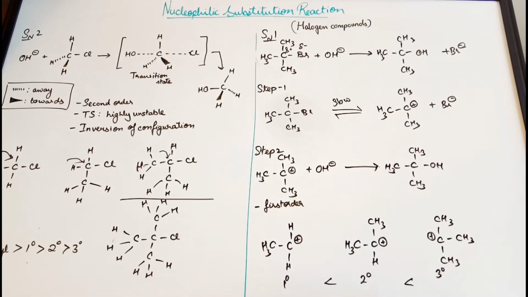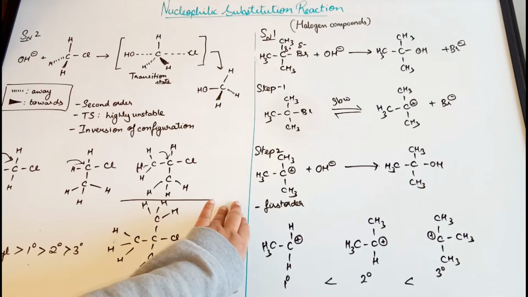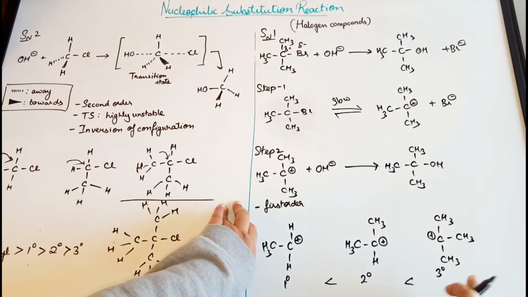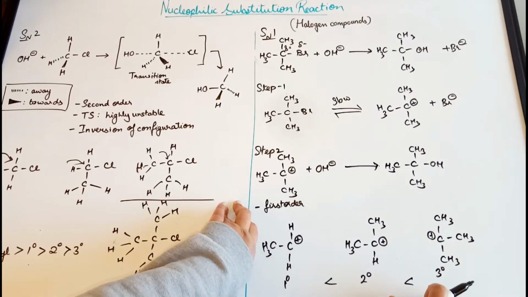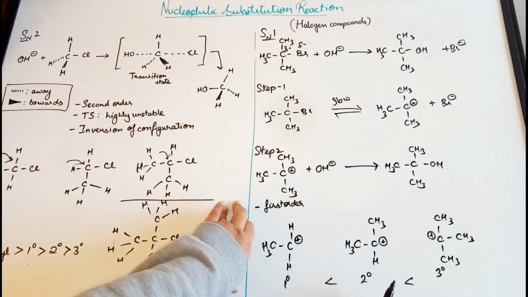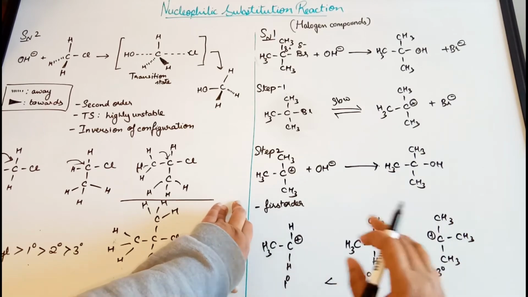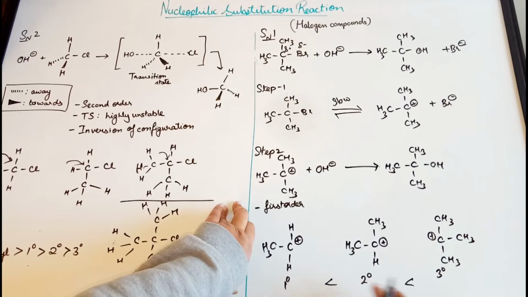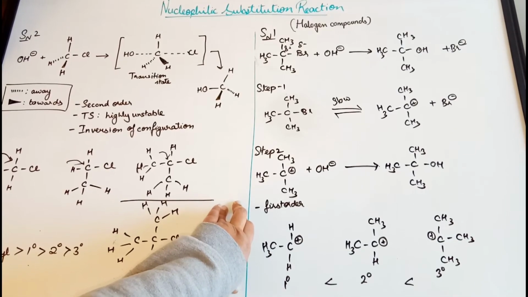And because of this variation in stability of the carbocation, tertiary alkyl halides undergo the SN1 mechanism more than secondary, that in turn more than primary. So that is about SN1 and SN2 mechanisms.